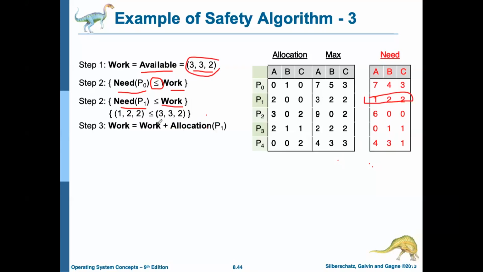And then it starts work plus allocation because it fulfills all the metrics. The first one, if you look, P0 needs 7, 4, 3. Look at 3, 3, 2, which is the current availability value.